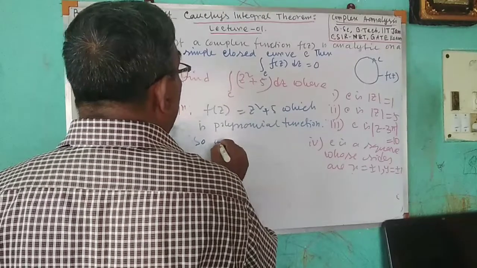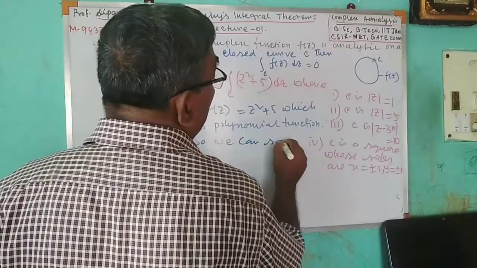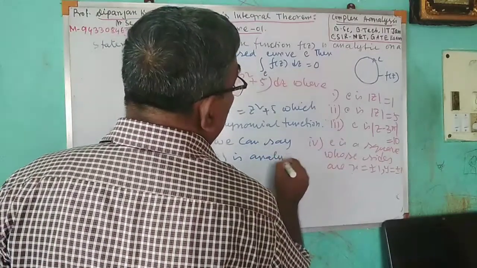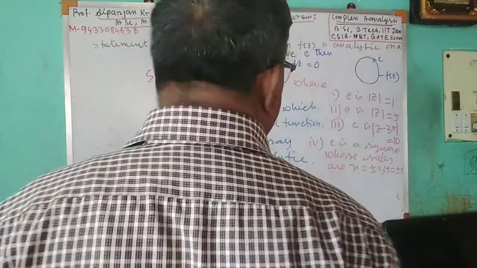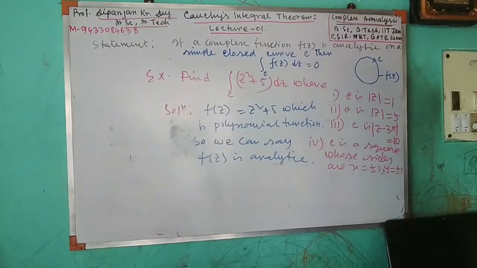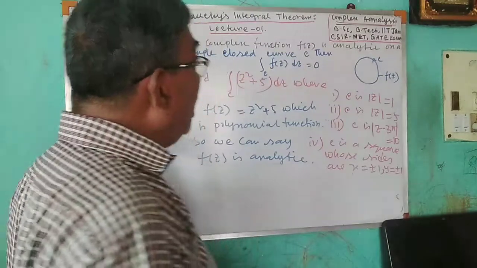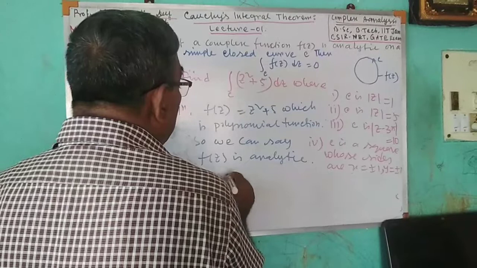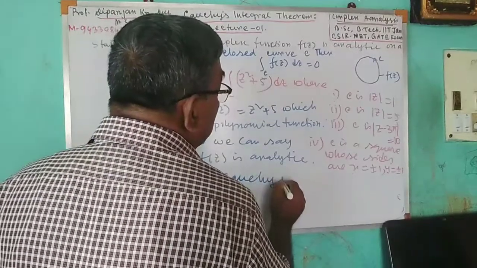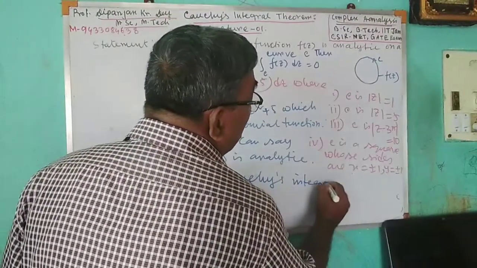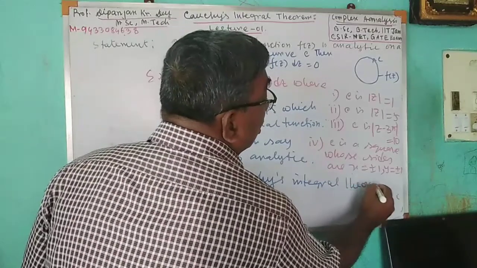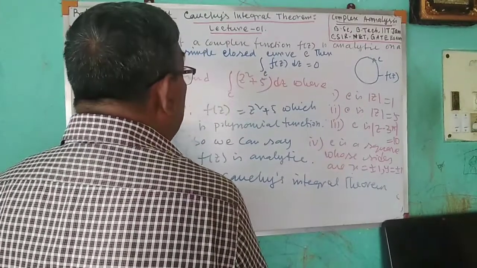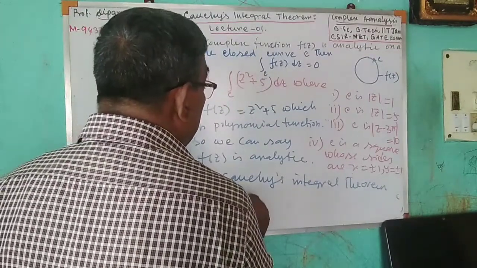So we can say f(z) is analytic. Therefore, when f(z) is an analytic function, by Cauchy's integral theorem, the integration over C of f(z) dz is equal to 0.